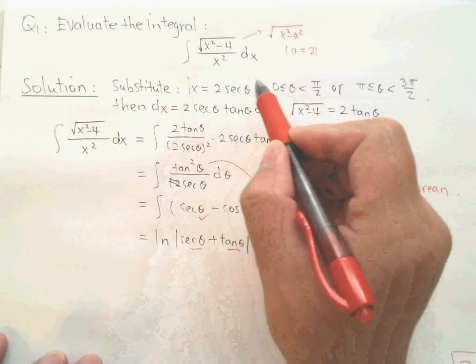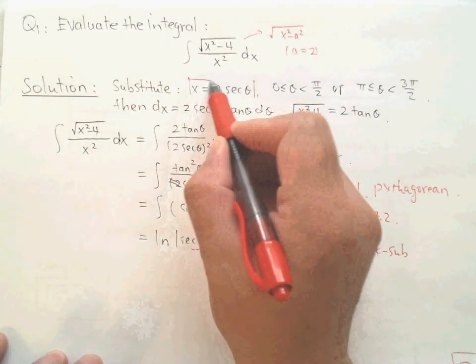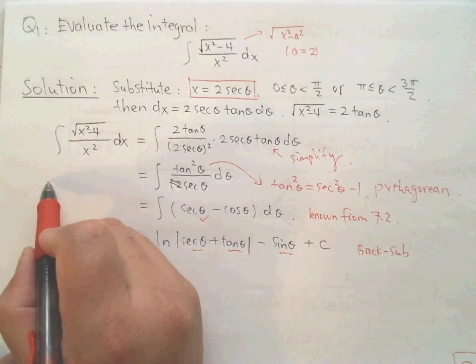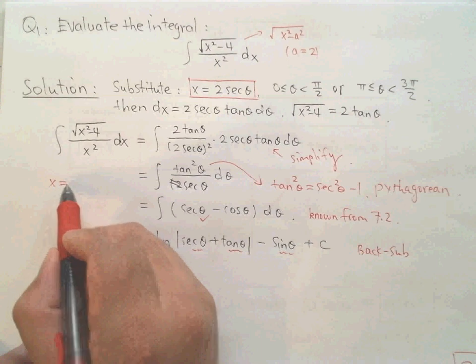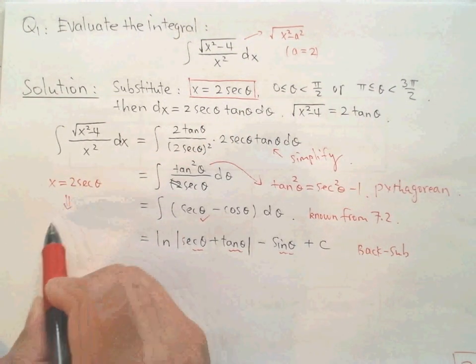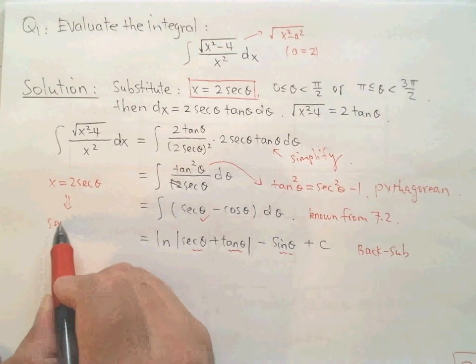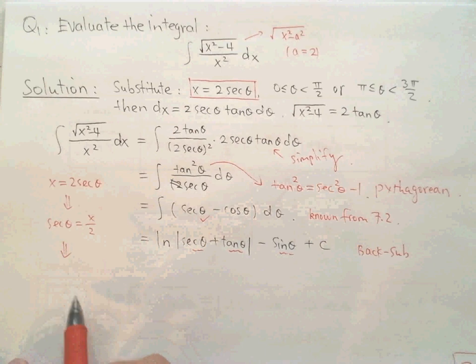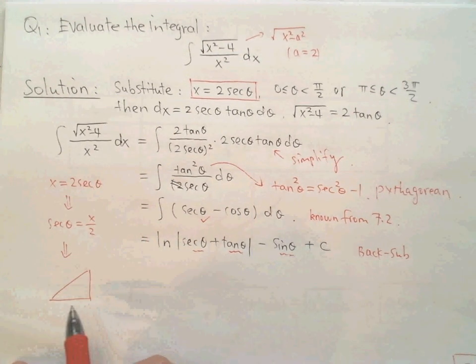So we go into the original substitution and draw a right triangle. Draw a right triangle up here. So x equals 2 secant theta, and dividing by 2, secant theta equals x over 2. Now I can draw a right triangle.